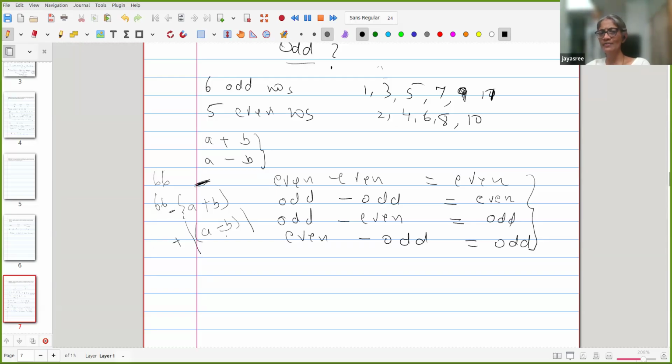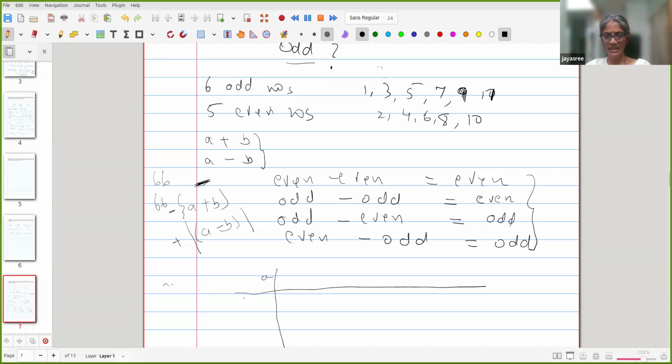So what do we end with if we are going like this? Ma'am, A plus B is even and A minus B is also even. If A plus B is even, A minus B is also even. Is that so? When is A plus B even? If A and B are even, if A, let me write this.